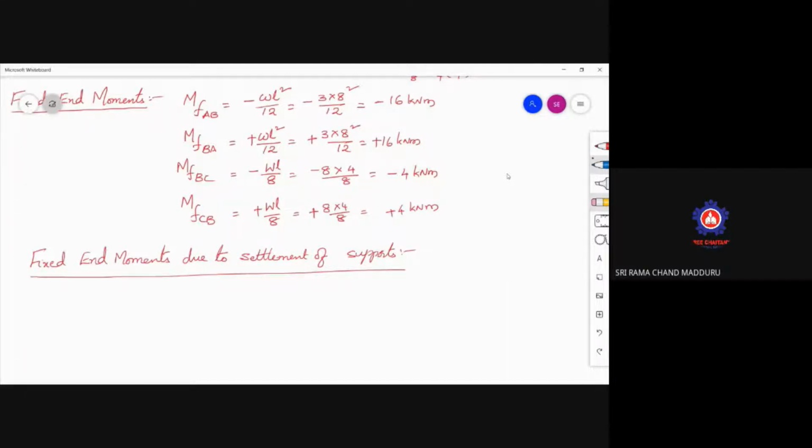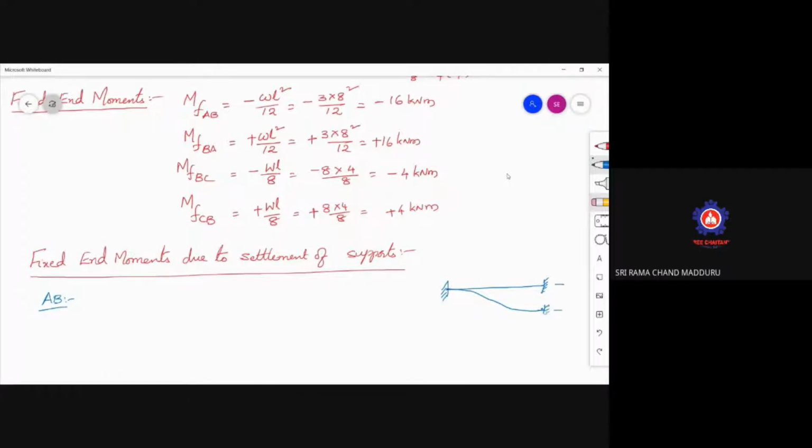So first of all I will write down for AB. In case of AB, what's happening? This is your A and B. They will be considered as fixed, but it is said that B settled 10 mm.